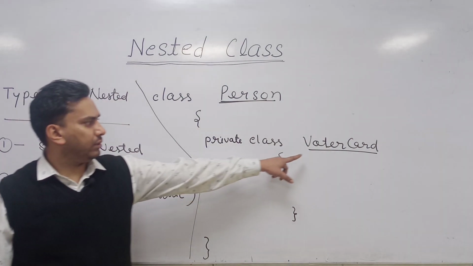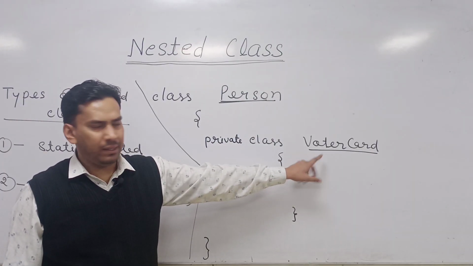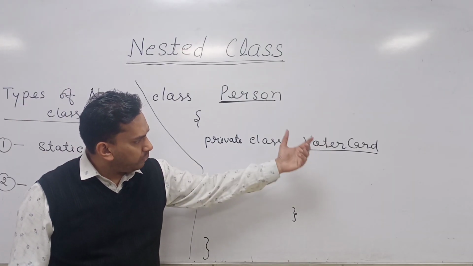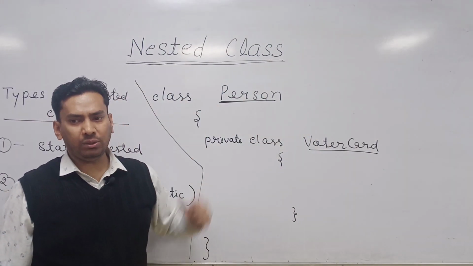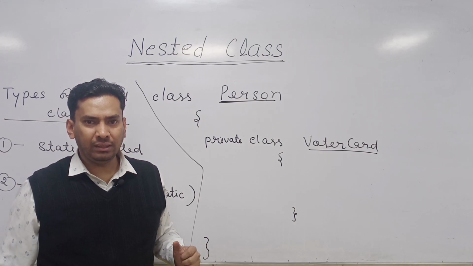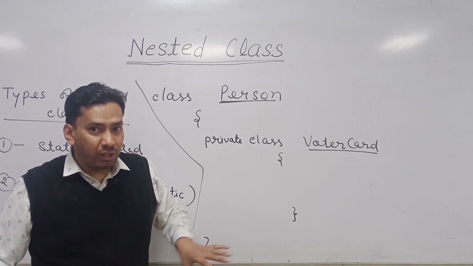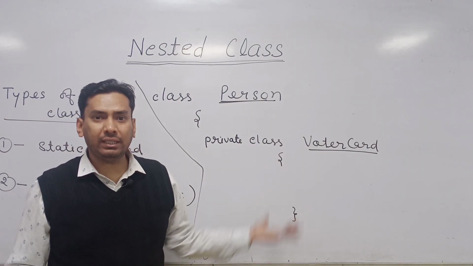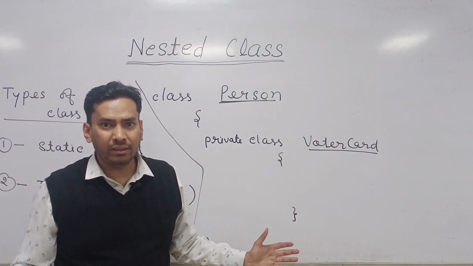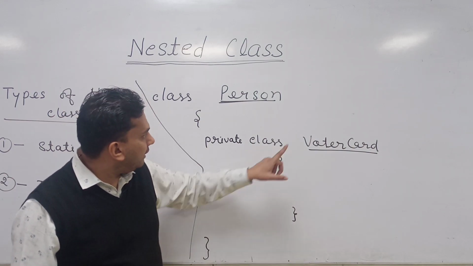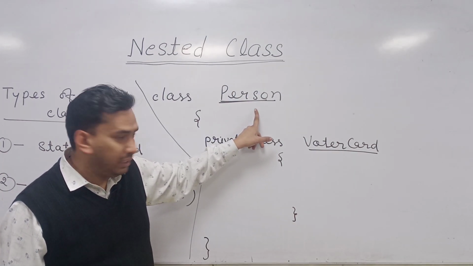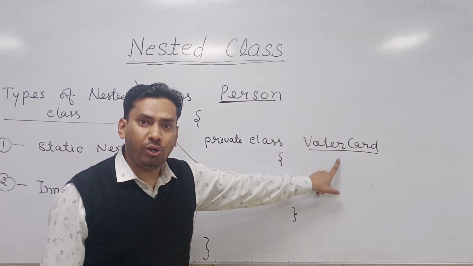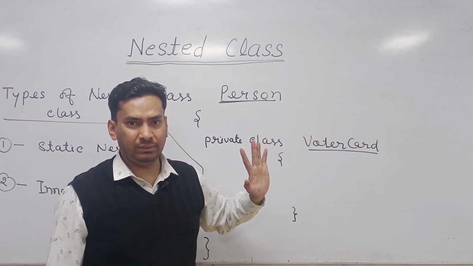Let's say you are trying to create a voter card. If you want to create the voter card, do you think that the voter card should be created without the person object? If the person is not created, then how can the voter card be created? It means the person object should exist first for creating the object of the voter card.